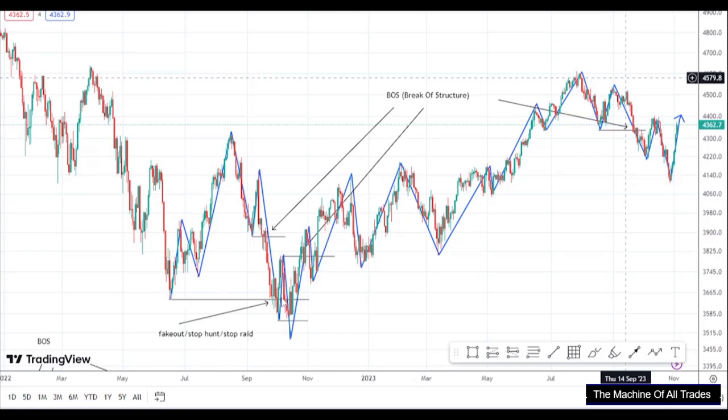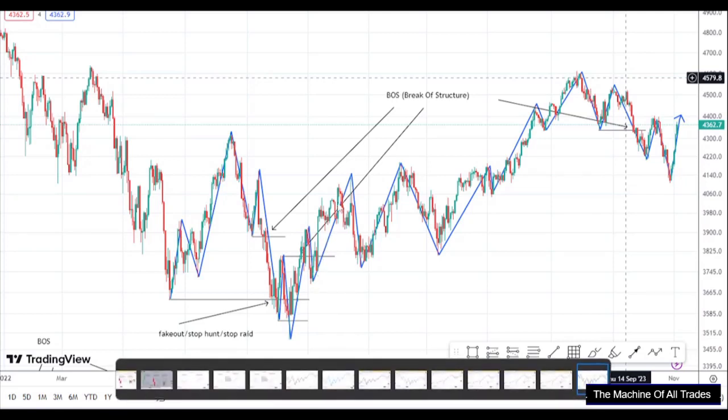This is a fake out, because the moment when it broke to make a lower low, it didn't make a lower high and re-break to make a lower low. But what did it do? It made a higher high here.